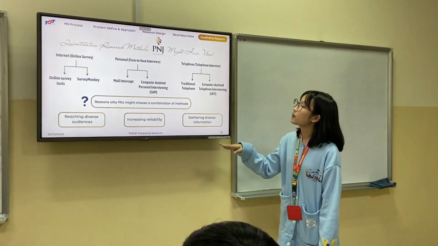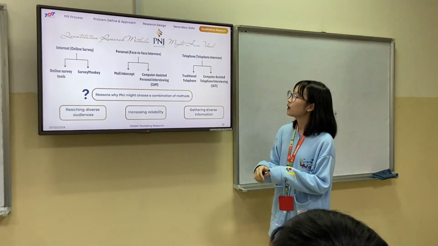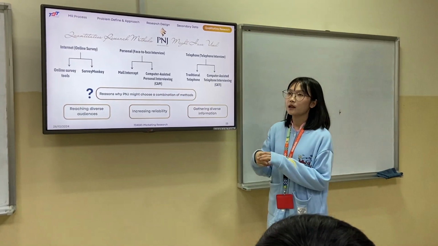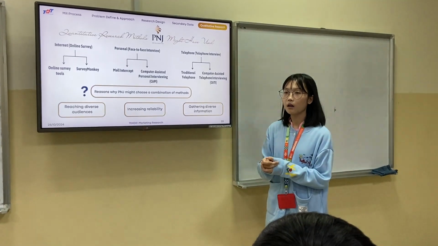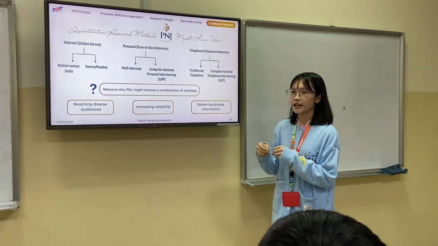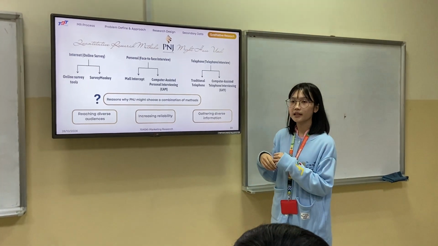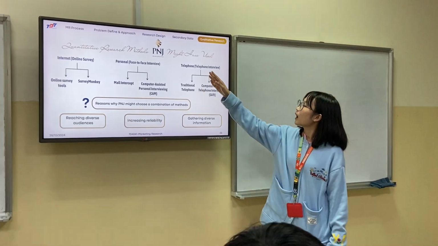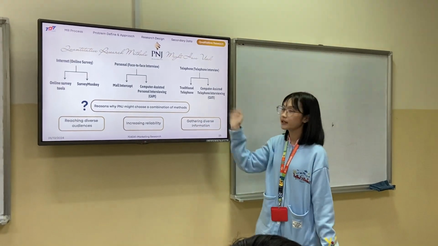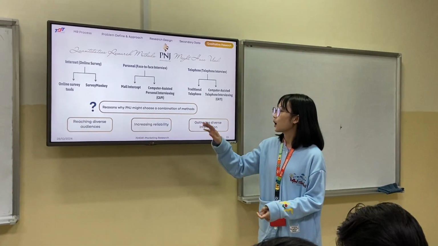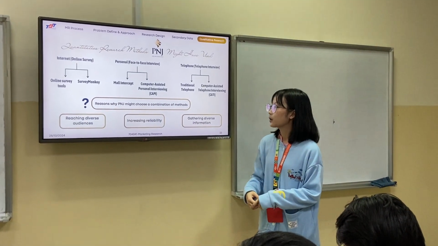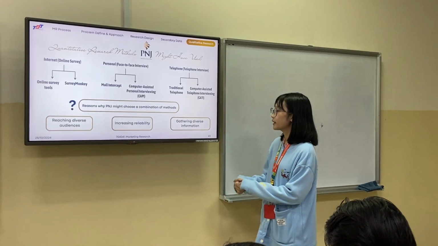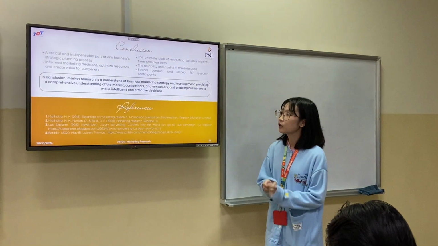Next, and what type of research does P&G use? It uses online research to collect data from customers when they purchase jewelry, customer awareness, and also we have face-to-face interviews and telephone interviews. You can see on this slide. And now, why we choose a combination of methods: to reach diverse audiences, increase reliability, and gather diverse information.